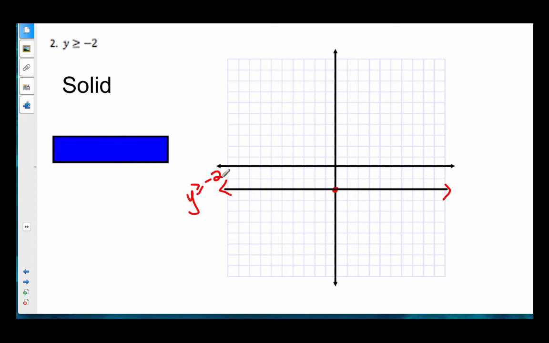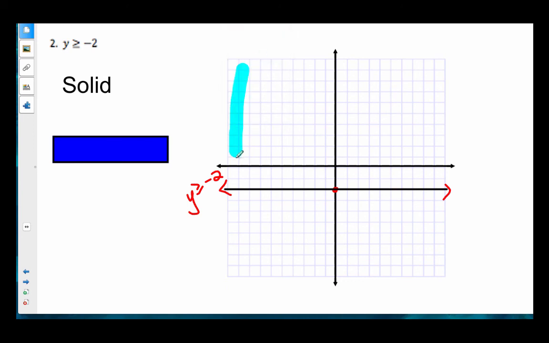Now this one is like the other inequalities. Because it's a horizontal line, there is an up and a down. So look at our symbol, greater than. Are we going to shade up or are we going to shade below that boundary line? If you said up, you are correct. The y values greater than -2 are above the boundary line.